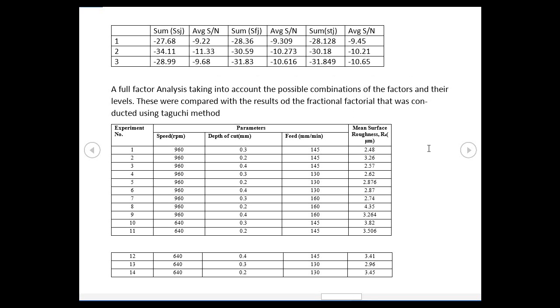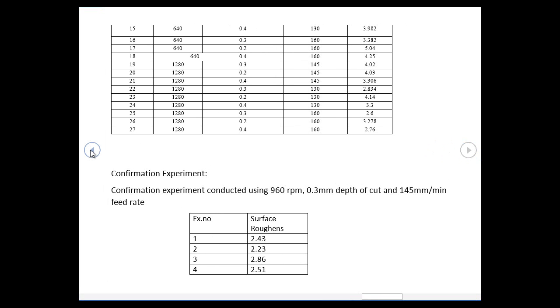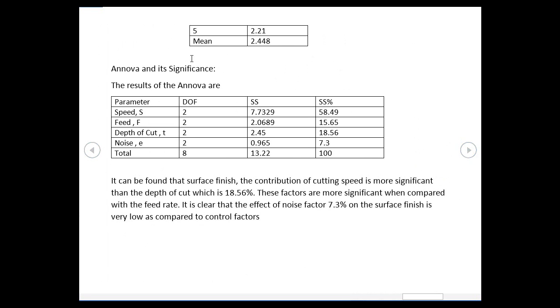A full factor analysis is constructed by taking all the possible combinations. We get a total combination of 27. And a confirmation experiment could be conducted using the velocity of 960 rpm with 0.3 mm depth of cut and a feed rate of 145 mm per minute.